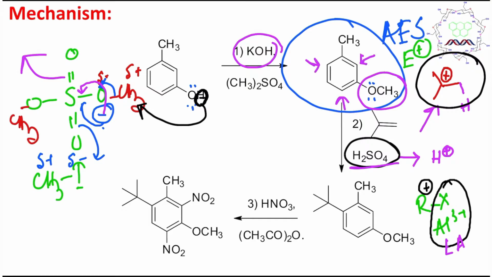Now remember, in ortho position both minus I and plus R work. Where minus I comes, because oxygen is an electronegative atom, it has minus I effect, means sigma withdrawing, and that works in ortho position, but in para position only plus R works. So that's why para substitution is favored over ortho if there is no other specific reason.